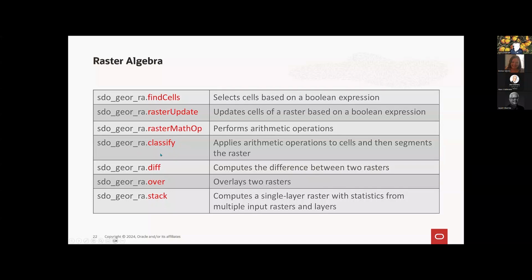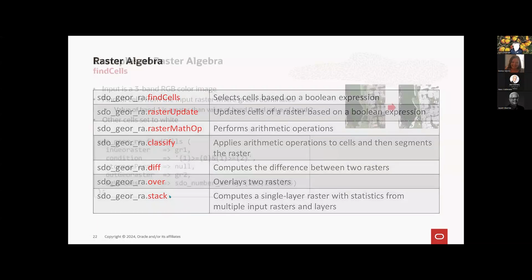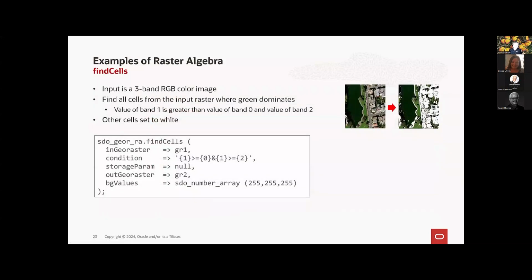For these 4 raster algebra operations, I have examples, but what you can also do is calculate the difference between 2 raster images, and also overlay rasters, and do more computation in terms of creating statistics. And everything is inside the database, so you don't have to move anything back and forth.